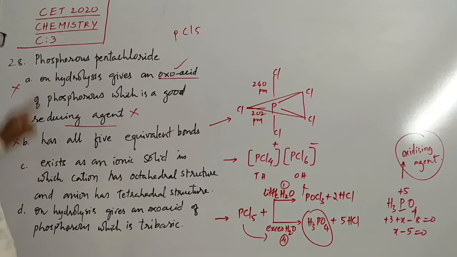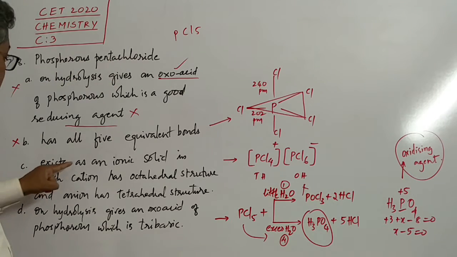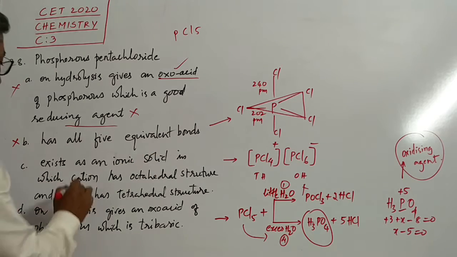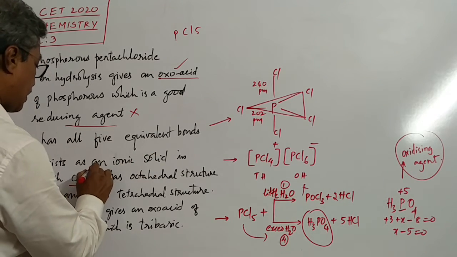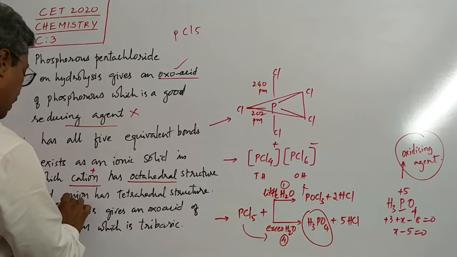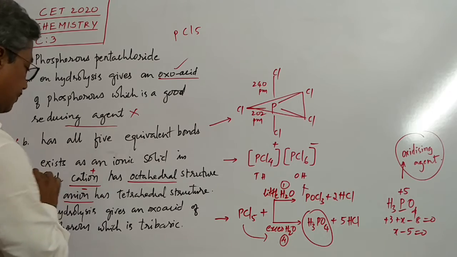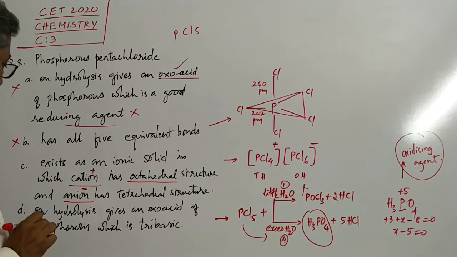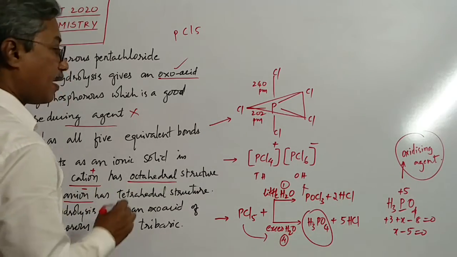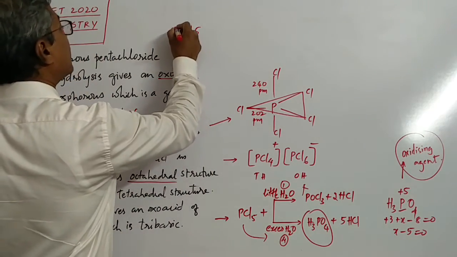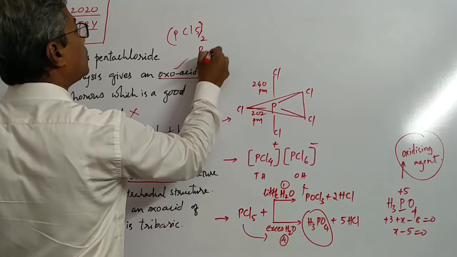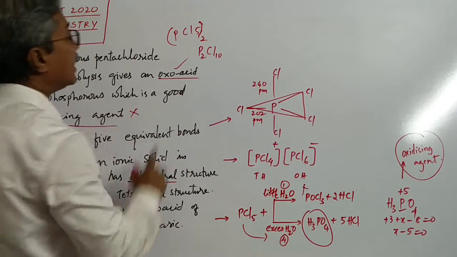Okay, now look at this. Phosphorus pentachloride exists as an ionic solid in which the cation, which stands for positive ion, has octahedral structure, and the anion, which stands for negative ion, has tetrahedral structure. Just look at this. PCl5 exists as a dimer, P2Cl10.